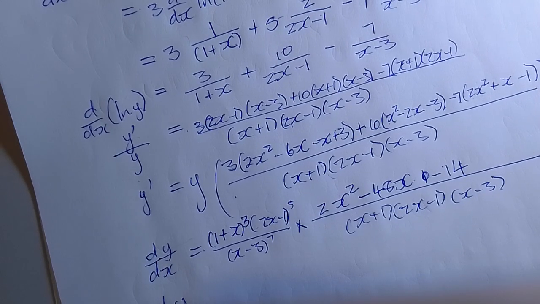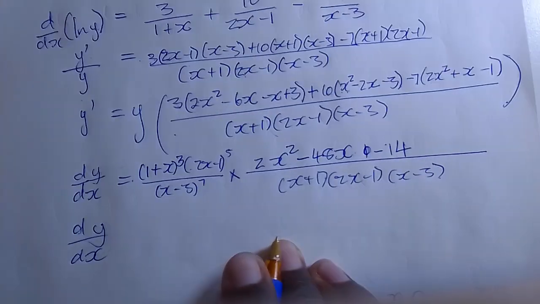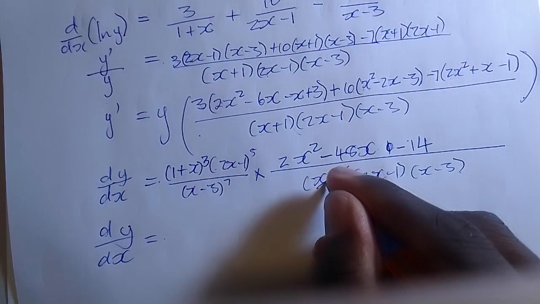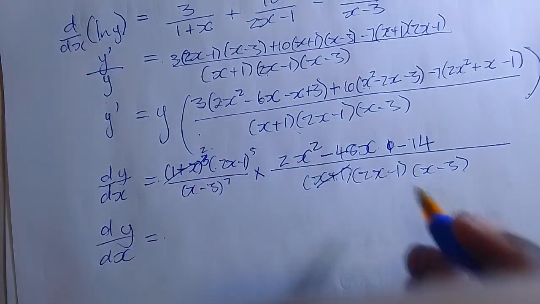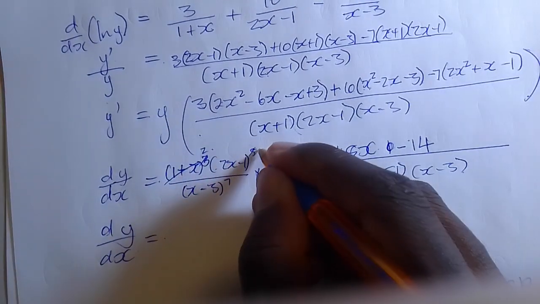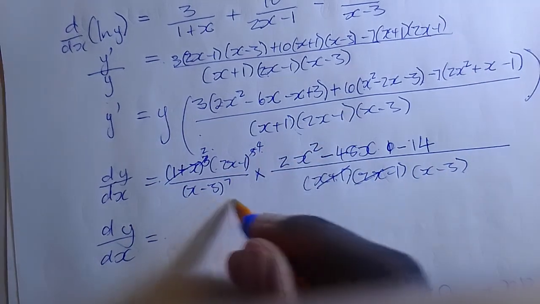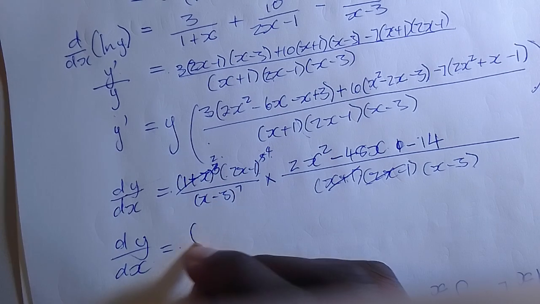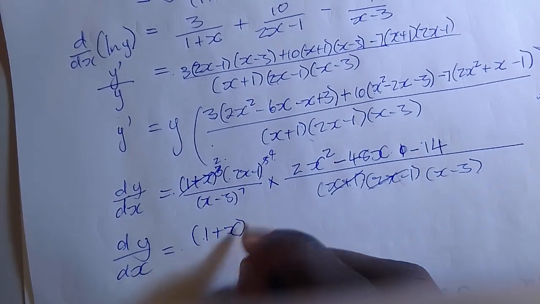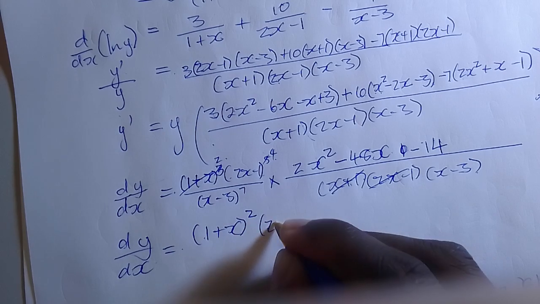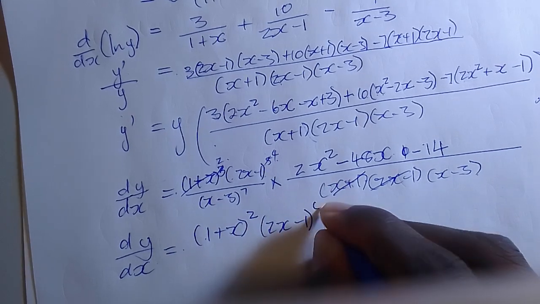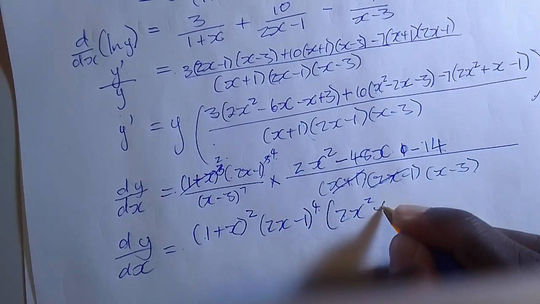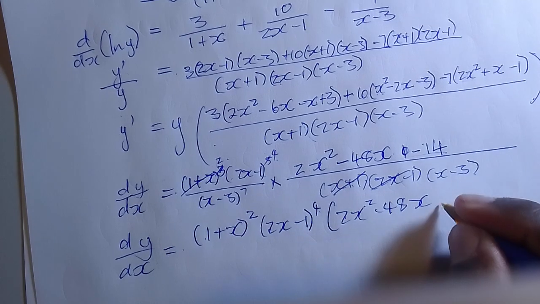dy on dx is, now we have x plus 1 here, which will cancel one x plus 1 here and have squared. And it was 2x minus 1, so this will be 4. This will combine, so here we just have this guy, 1 plus x squared, 2x minus 1 to the 4th power, multiplied by this guy, which is 2x squared minus 48x minus 14.